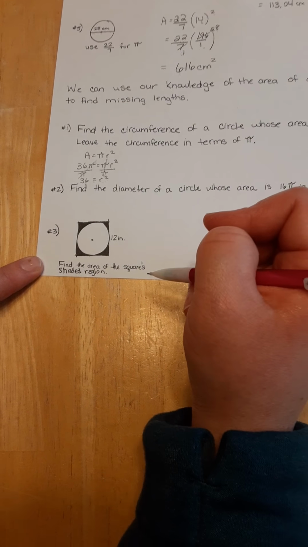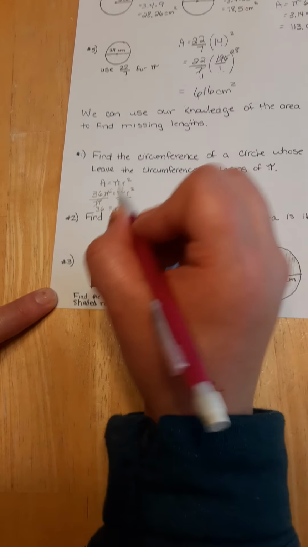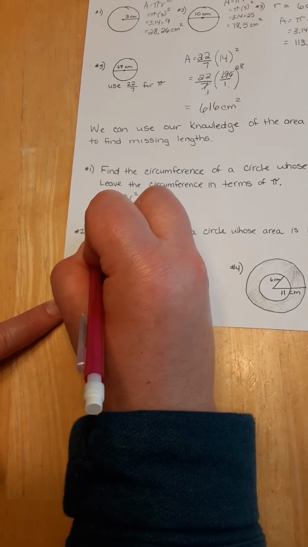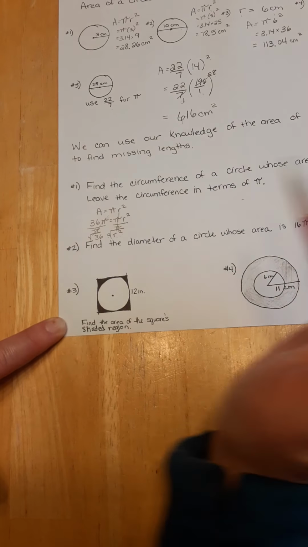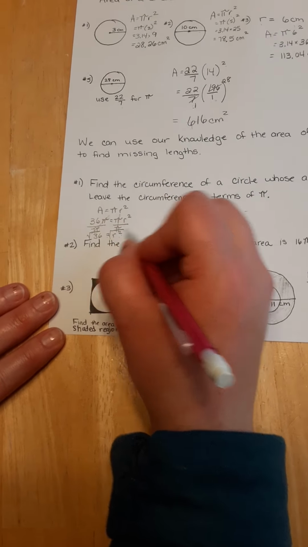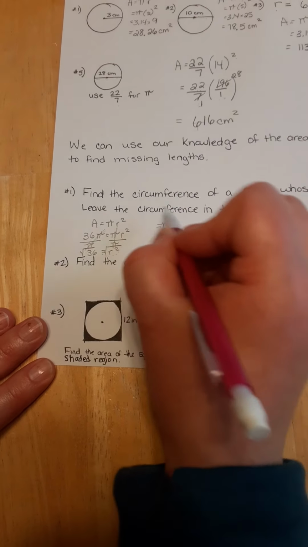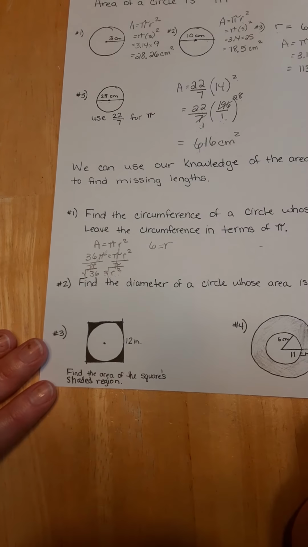Well, I want radius, not radius squared. So how do I undo a squared? That's right, I have to take the square root of both sides. Remember how we worked with that in the Pythagorean theorem? So now when I take the square root of both sides, I end up with r equals square root of 36 is 6. So there's my radius.